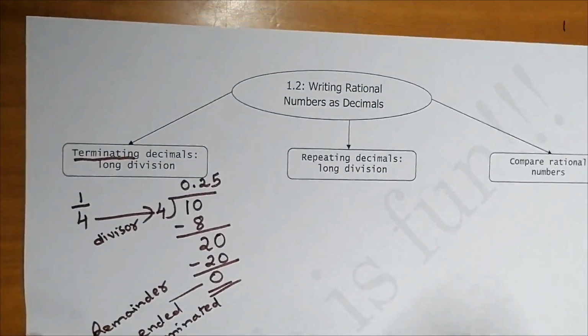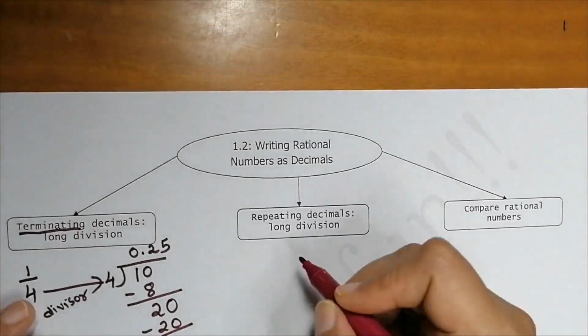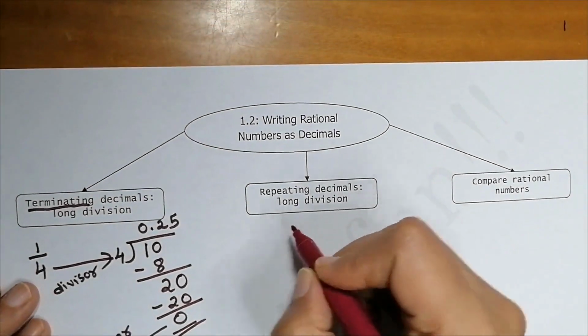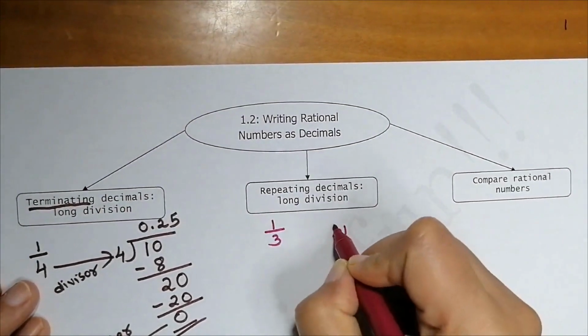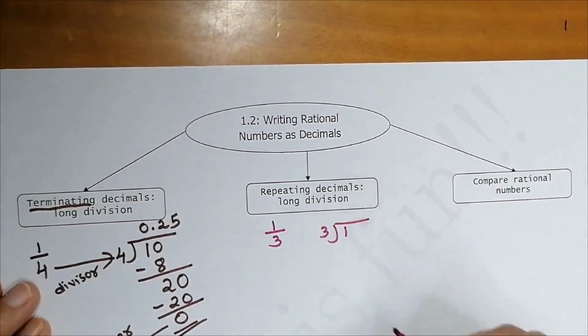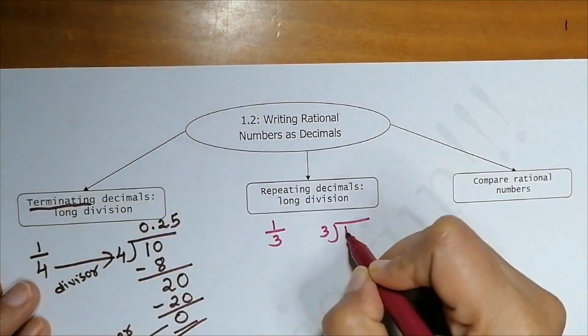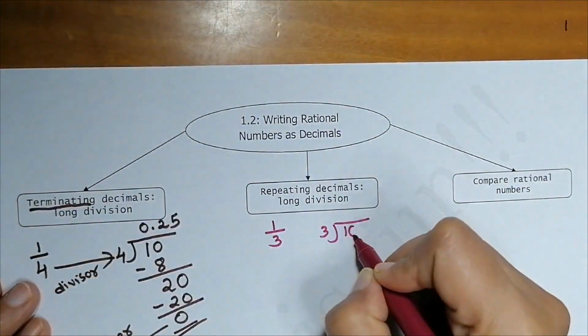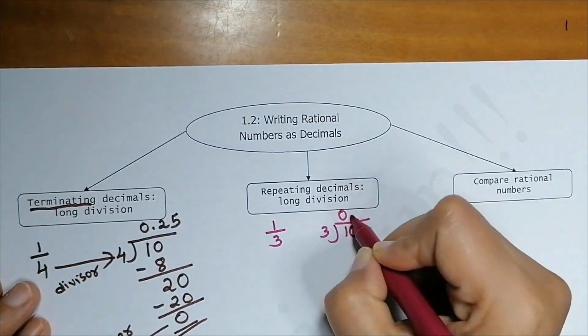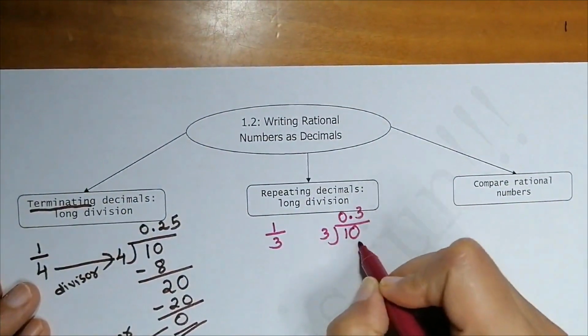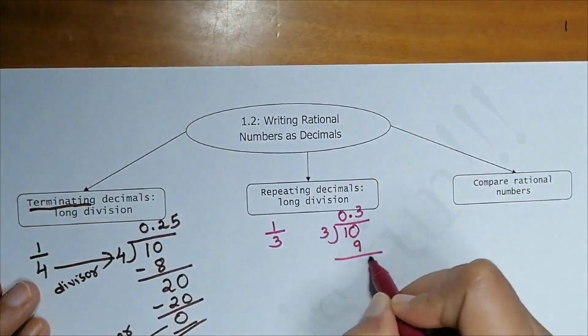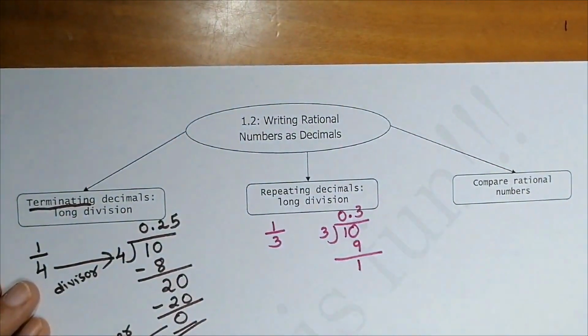Let's move to the second part. As I said before, it is the same thing that we are talking about. Let's go with an example. So this is 1 divided by 3. You know 1 is smaller than 3, so what do? Yes, put 0 here, and a decimal point. 3 times 3 gives us 9, right? Remainder is 1.